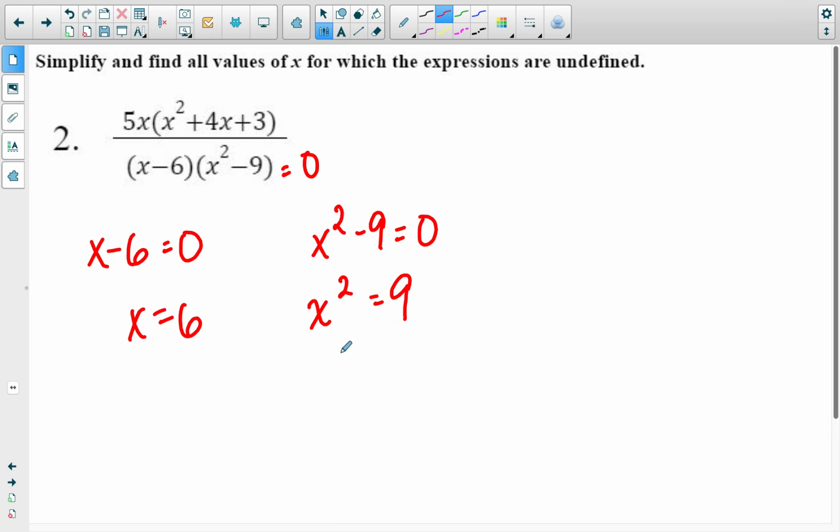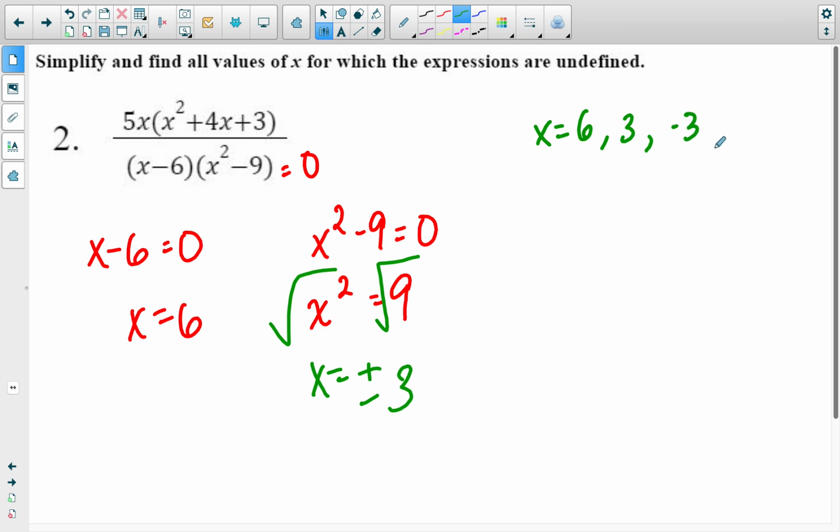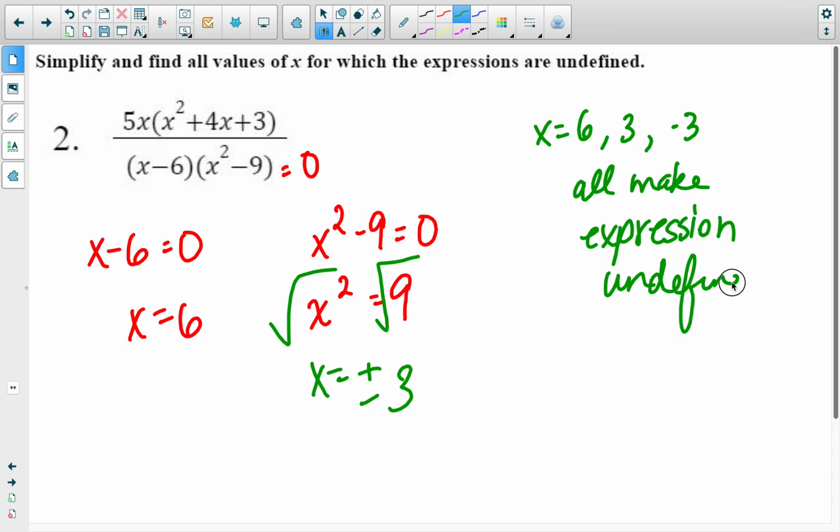And remember here, x squared equals 9. Because we are introducing the square root into the equation, we create the possibility for a plus or minus, so we need a positive and -3. So x equals 6, x equals 3, x equals -3, all make the expression undefined. Okay?